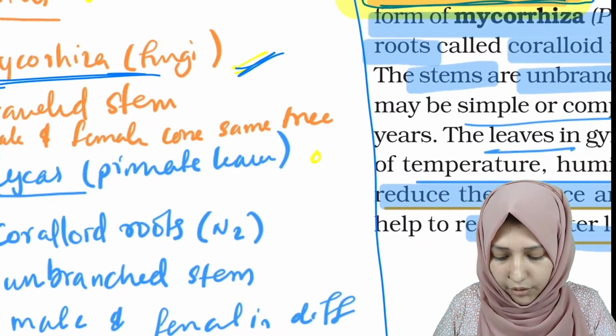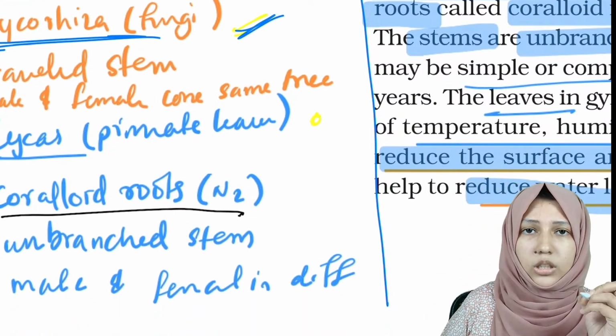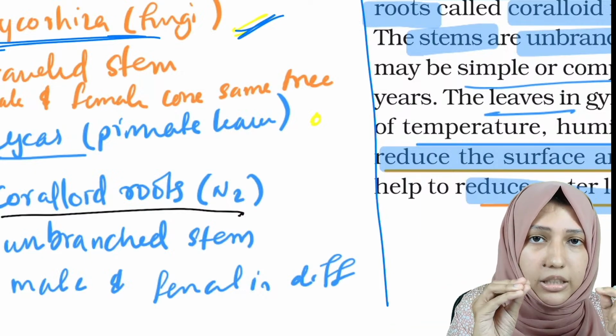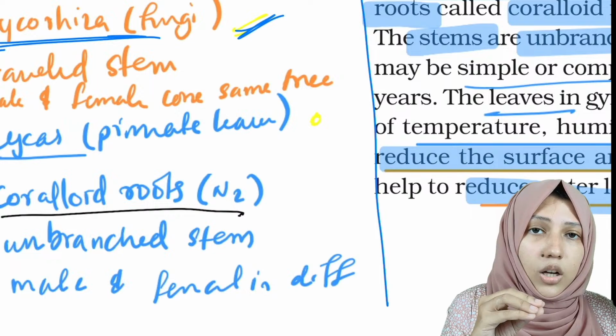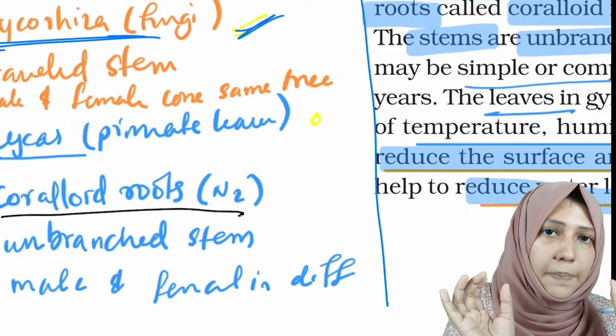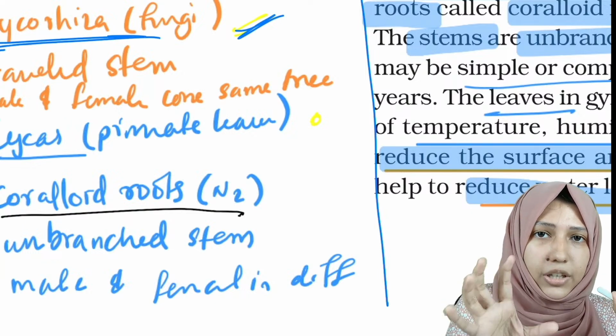Instead of this, in Cycas there are coralloid roots, meaning in the roots of Cycas. In the root of Pinus it is mycorrhiza, but in the root of Cycas it is coralloid root. The roots of Cycas have nitrogen fixation capacity.